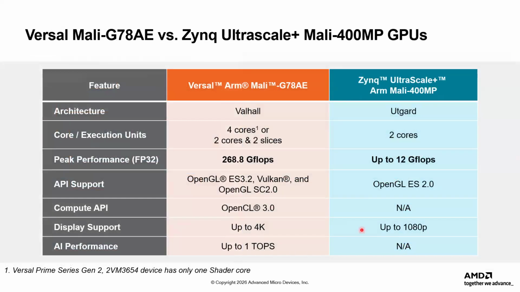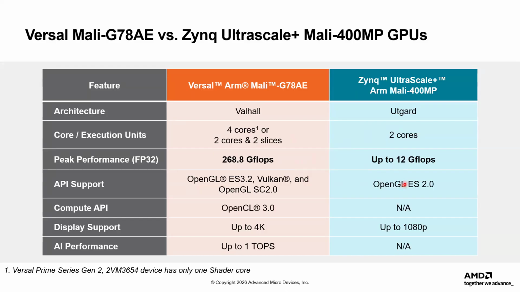So comparing this to the previous families, the previous one was Utgard, and then as I said yesterday, the company that ARM bought to absorb their technology for, not VCUs, but for graphics processors, was a Norwegian company. So that's why you have all these references to Norwegian culture. So the number of cores before was two, now it's up to four, 12 gigaflops up to 268.